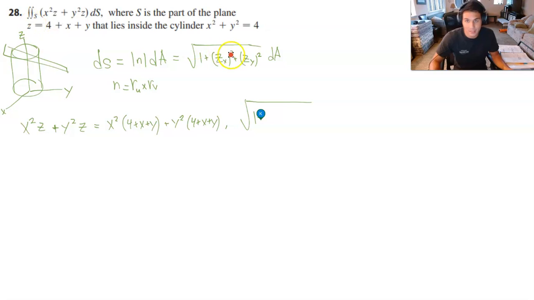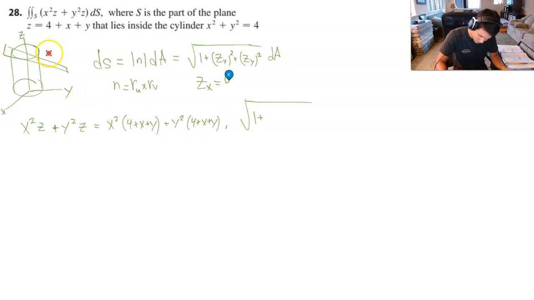And then I'm going to add a 1 here. Let's take z_x. If we take the derivative of this with respect to x, this will go away. So it's just going to be 4 plus y. Sorry, one second. This derivative right here is wrong. I should be punished for that. I usually do it in my head, but we'll do z_x out loud here.